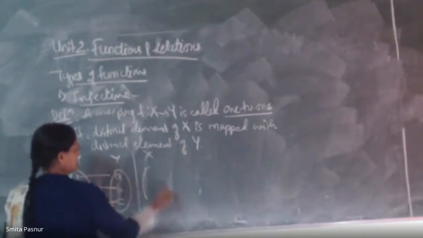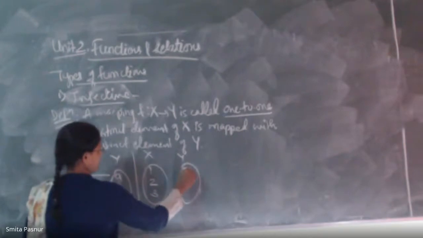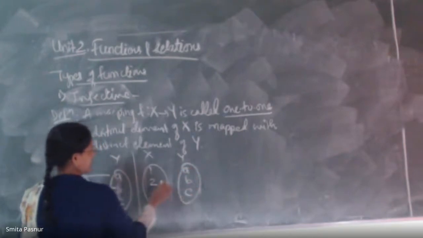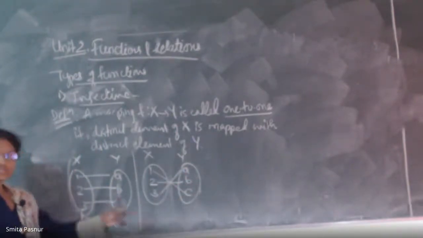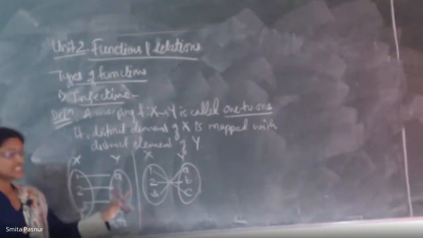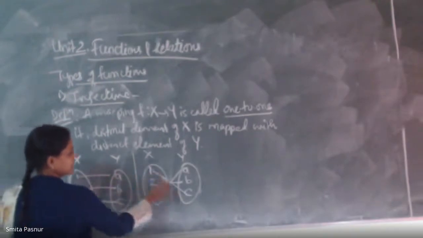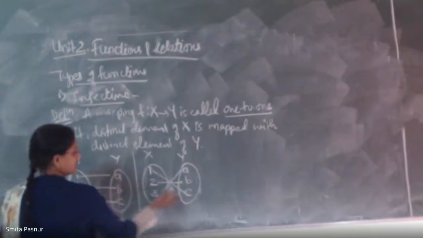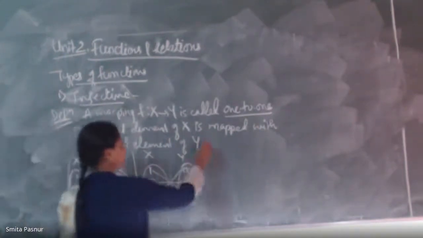The second one, if you see, is also one to one or injective because unique x is connected to unique y: one is connected to c, two with b, and three with a. Unique with unique. So these are injective.